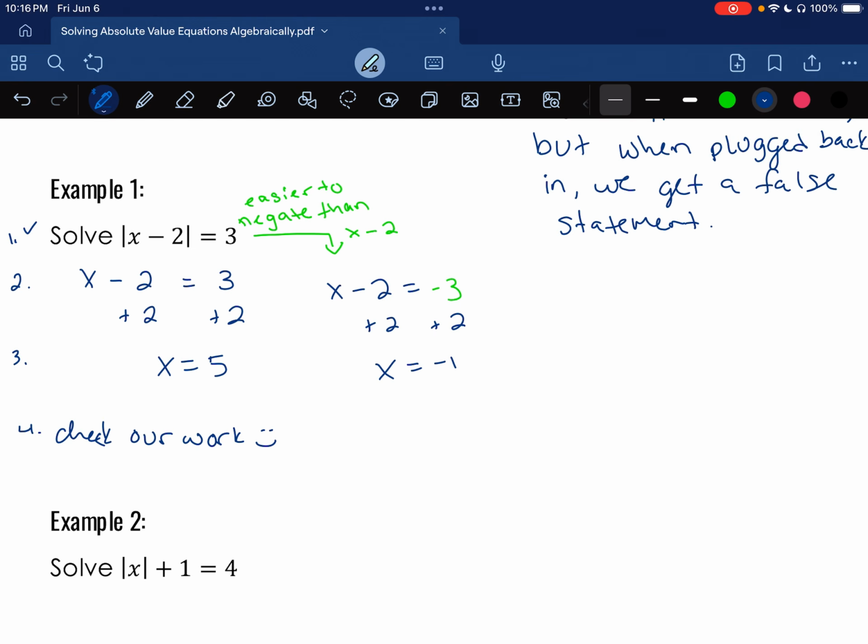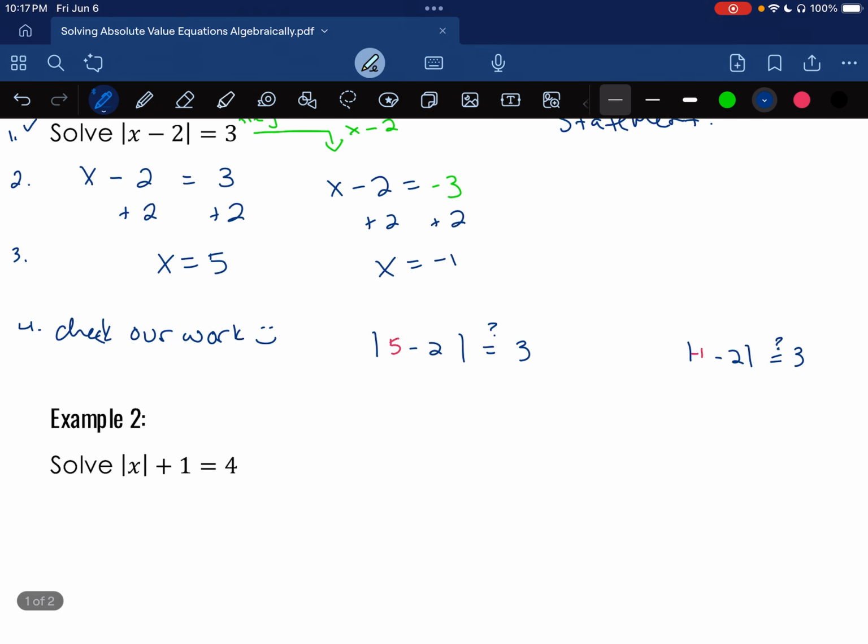All right, so what that looks like is I'm just going to rewrite the problem twice. I like to put a little question mark over my equal sign because I don't know. Did it work? I hope so, but we don't know quite yet. So what I'm going to do is I'm going to take 5 and plug it in to one of them for x, and I'm going to plug negative 1 into the other to check our work.